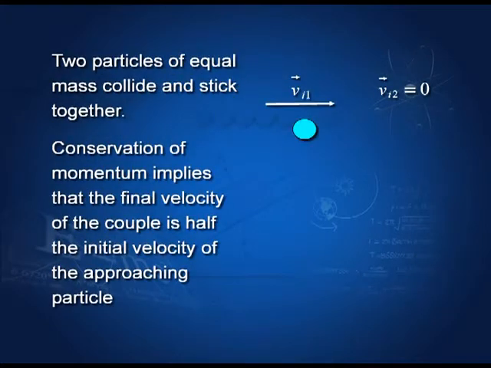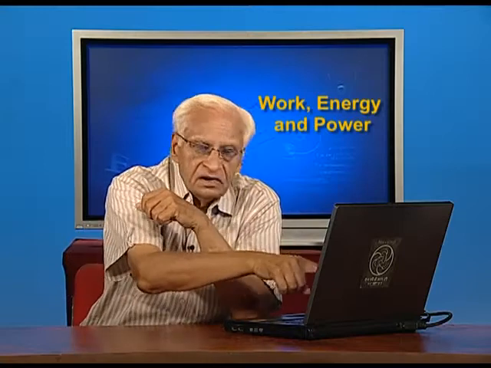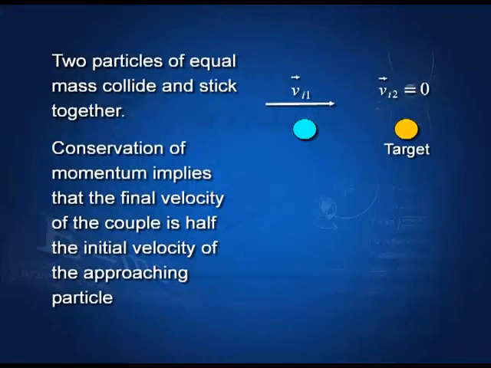This is sketched here. We have particle 1 shown by this blue dot. This has velocity vi1, and then vi2 is the target. This has velocity 0, and after the collision they stick together and they move with velocity Vf, which is vi1 divided by 2.